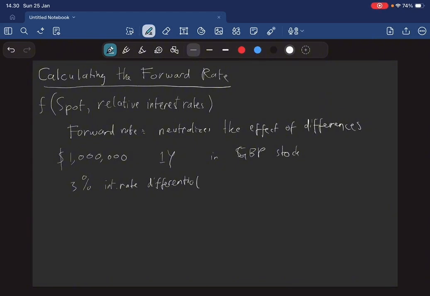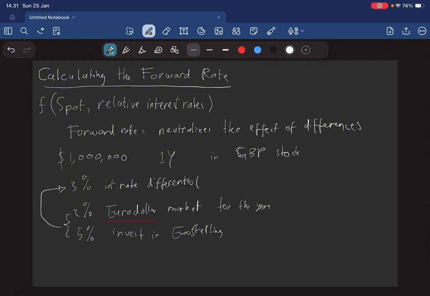Since you can earn 2% if you invest in the euro-dollar market for the year, or 5% if you invest in euro-sterling, the gap is 3%.